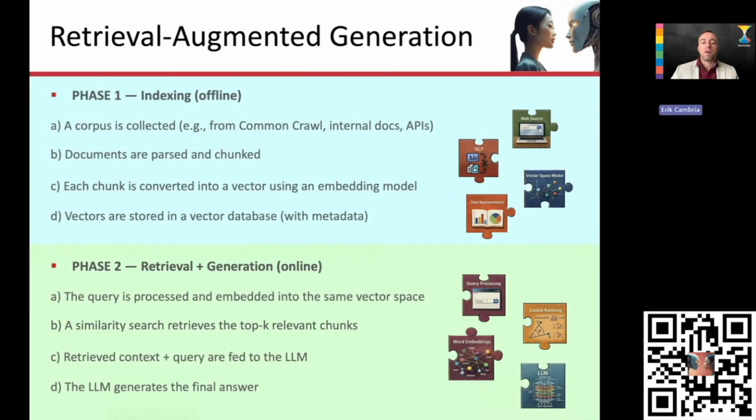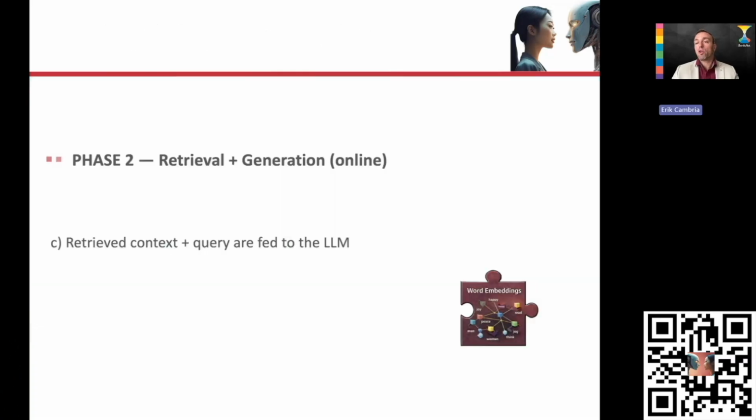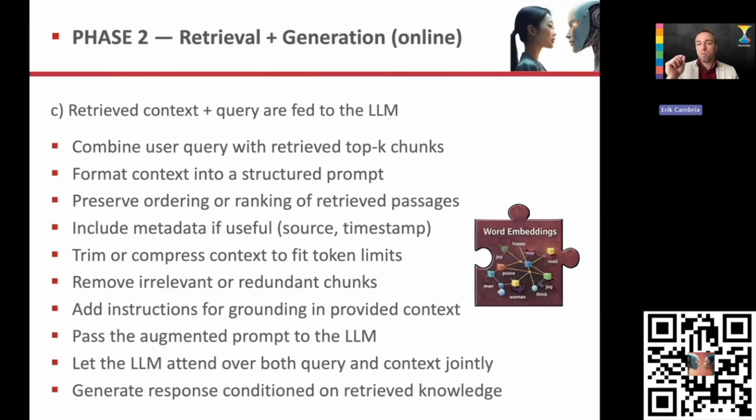So when I finally get the top K documents or web pages that are relevant to the query, I have to package them nicely and use them as context for the large language model.